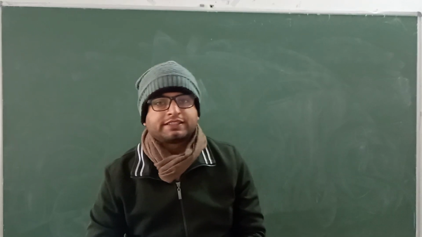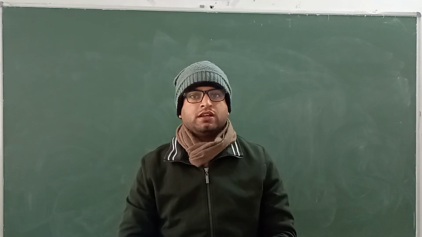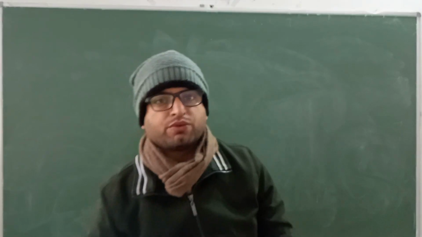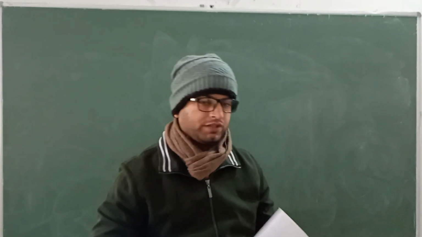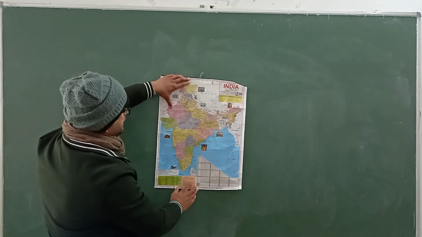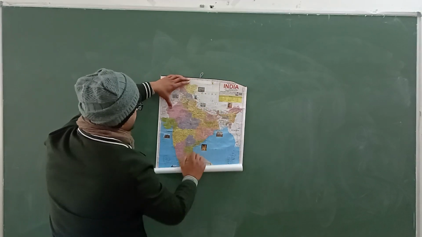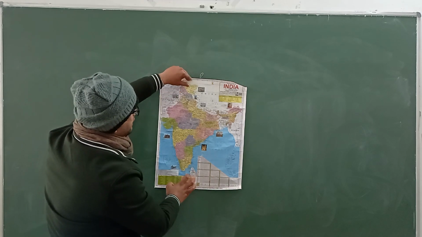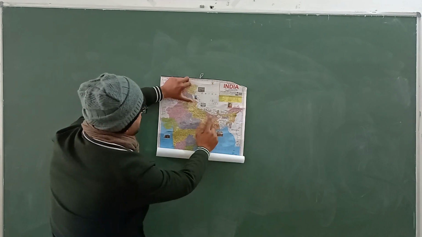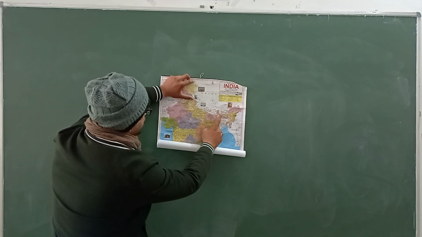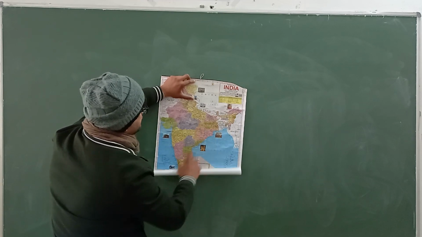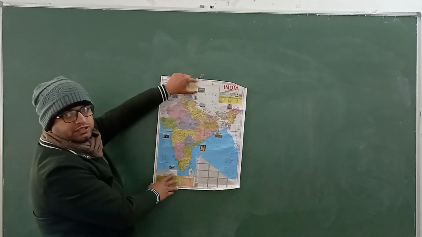Now we will study some more physical features present in India. Once again we will require the map of India. If we see this map, we can easily define that the northern states, that is Ladakh, Jammu and Kashmir, Himachal Pradesh, Uttarakhand, Uttar Pradesh, Bihar, Sikkim, part of West Bengal, Assam and Arunachal Pradesh, lie in the Himalayan region.